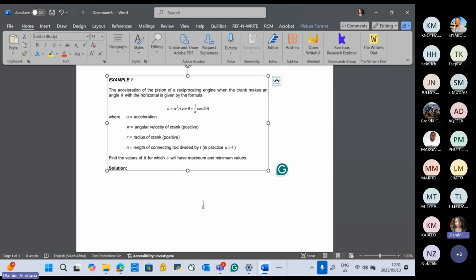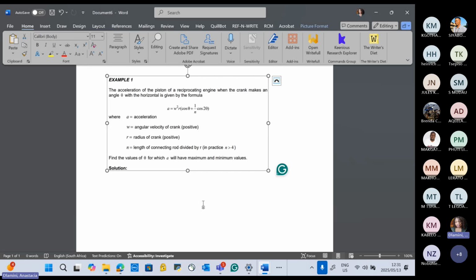Okay, because it's in the math module, let's try to solve it then. We assume that we know what an engine is and how it looks like. And then they say that the crank makes an angle theta with the horizontal. It is given by this formula. So this is the formula that we get.